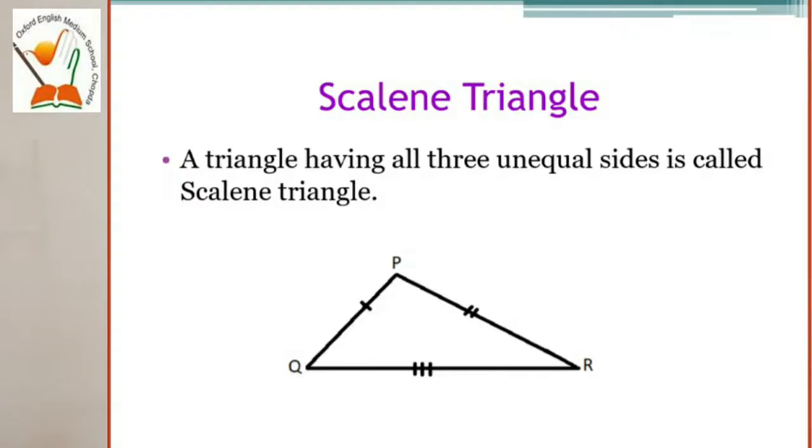See in figure PQR. In this diagram, the segment PQ, segment QR and segment PR, we can call the sides PQ, side QR and side PR. These 3 sides are of different lengths. So that type of triangle is called a scalene triangle.